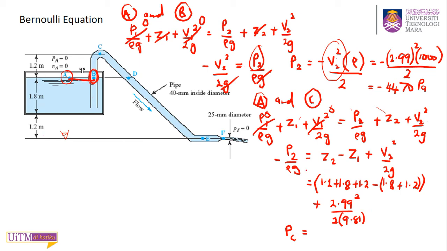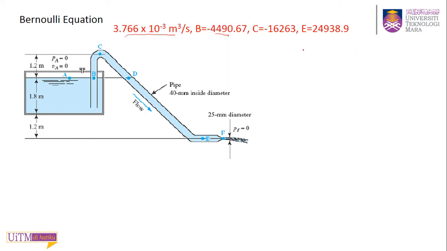So this answer you multiply by negative, because this is negative P2 over rho G. I made a mistake, I moved it over as negative. So Z2 minus Z1 plus V2 squared over 2G. So this answer is also negative, negative something. Got 16242? 16242. Correct, Pascal. I think okay, so this is the correct answer.